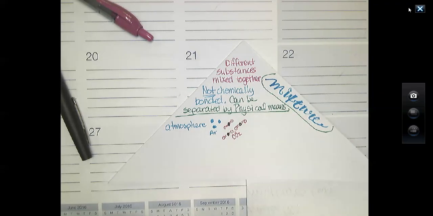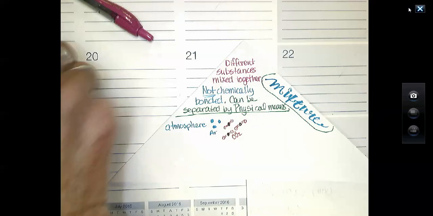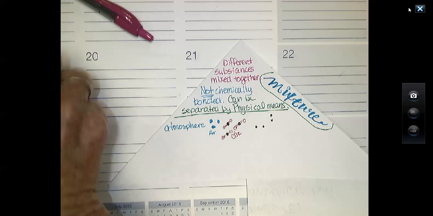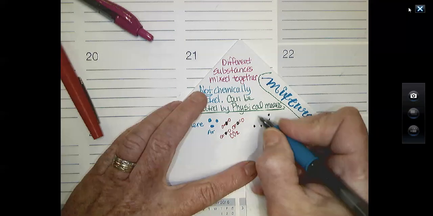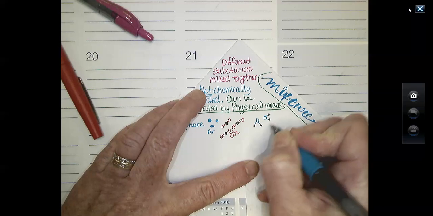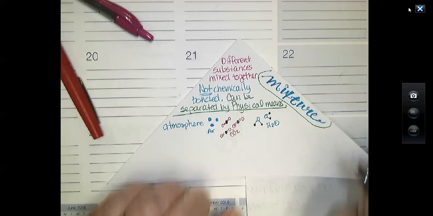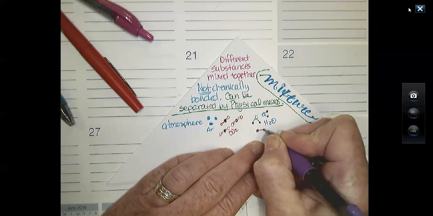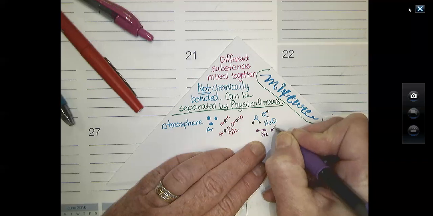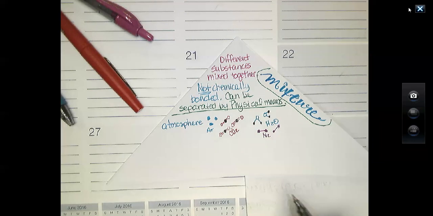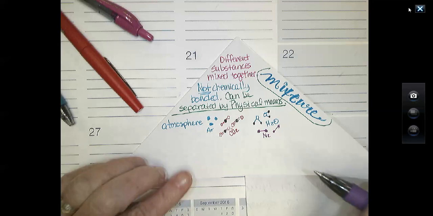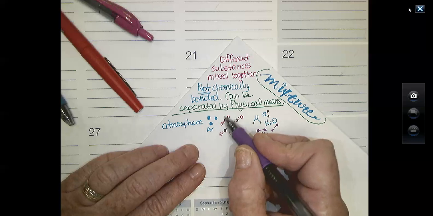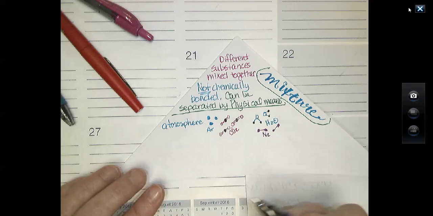It's going to have some water. Okay, it's going to have some nitrogen. Okay, so it's going to have different things, but these substances are not bonded to each other. So I don't have to have a chemical reaction to separate them out. So it's easy to separate them physically.